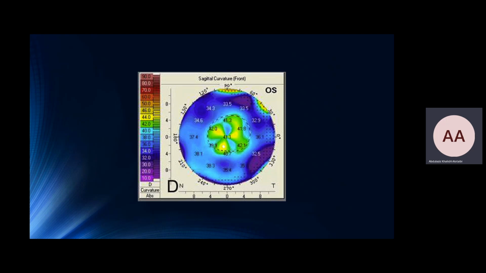It's an abnormal shape. Yeah, we can call it irregular. We have flattening. Let's say the thickness map shows thinning with a flat curvature. It goes with which pathology? Scar. Exactly, corneal scar.